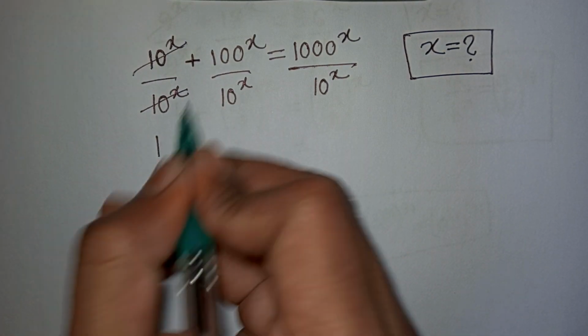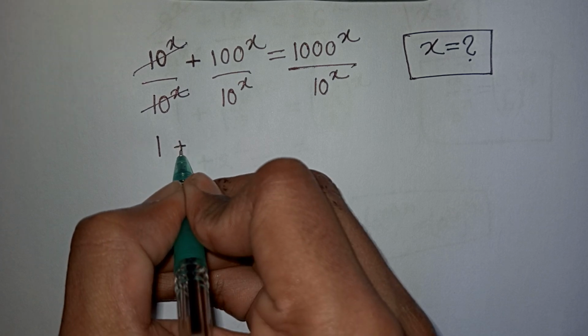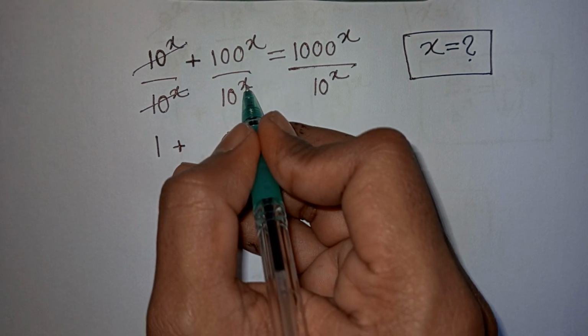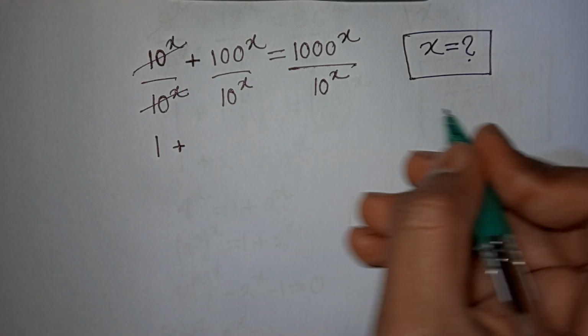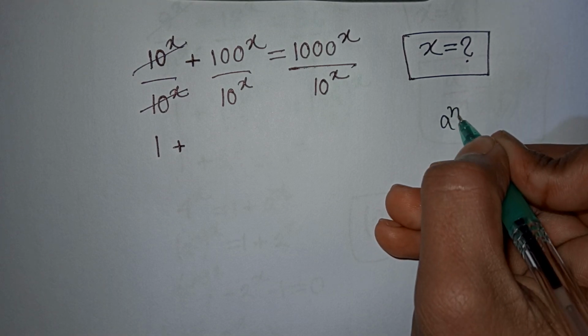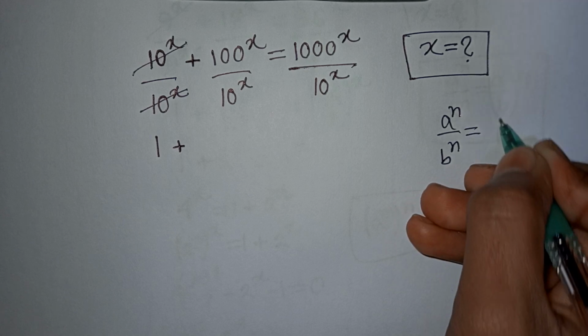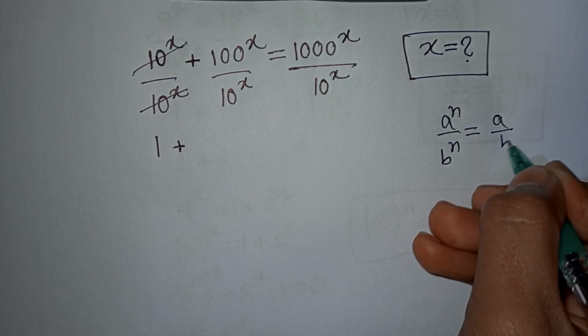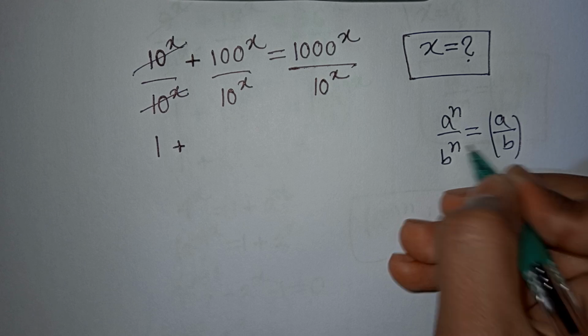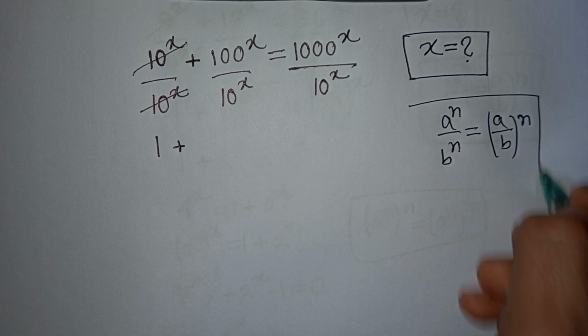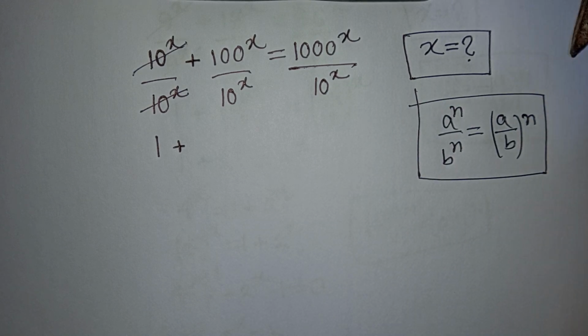So, here 1 plus 100^x over 10^x. Here x is the same power but different bases, so I apply this formula: a^n over b^n is equal to (a/b)^n.